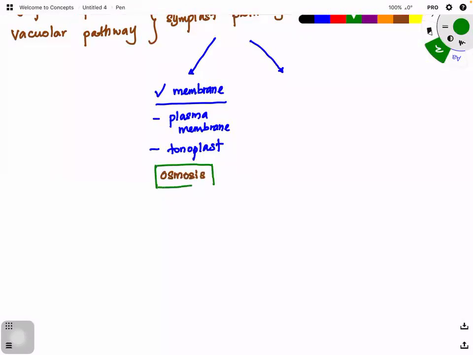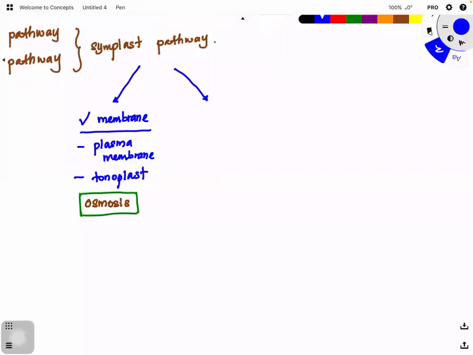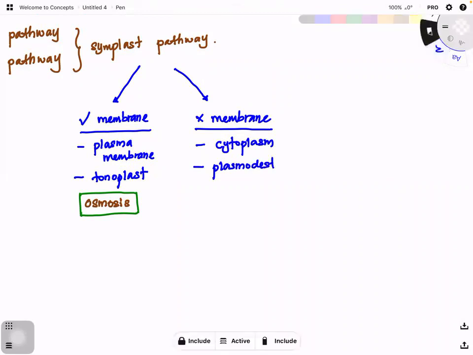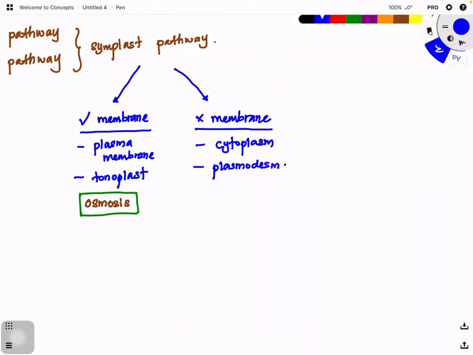If no membrane is involved, for example within the cytoplasm or across the plasmodesmata, because they are open pores, right? So this process is by diffusion.